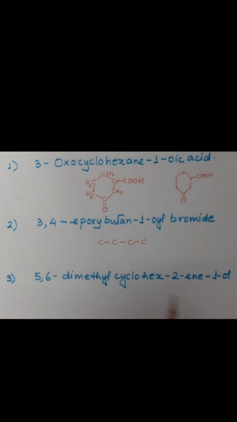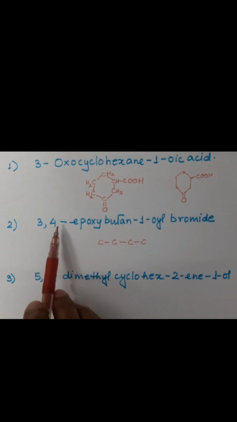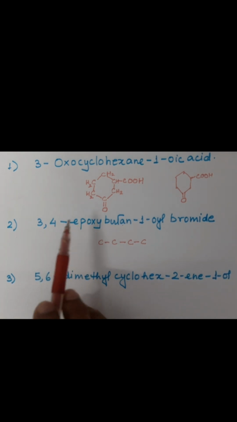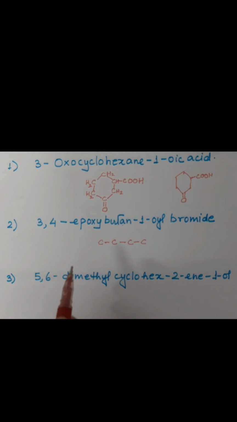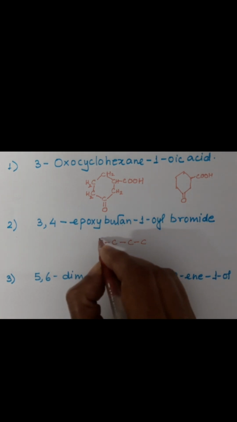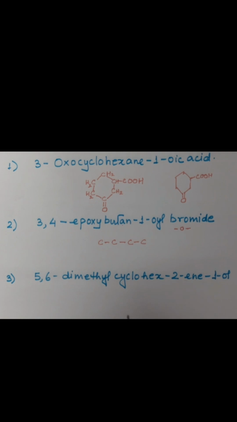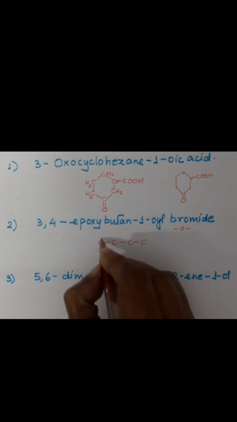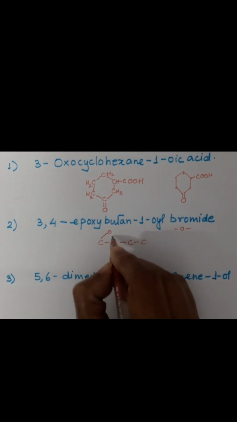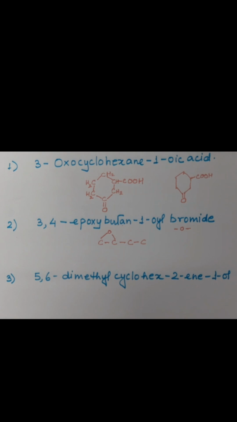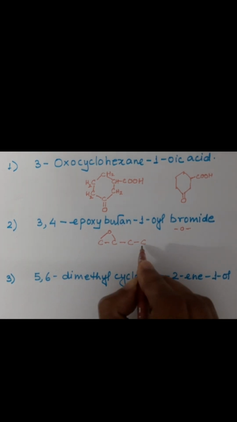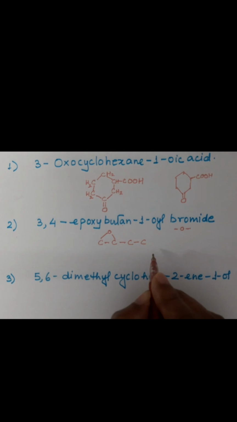Okay. Then in the third and the fourth carbon there is an epoxy. What is epoxy? It is an ether. So how is an ether drawn? Remember, ether is something like this. This is ether. So here we are to write it this way. And then in the fourth carbon you see oyl bromide.